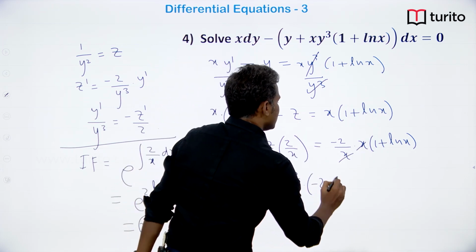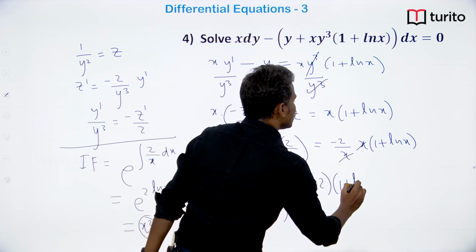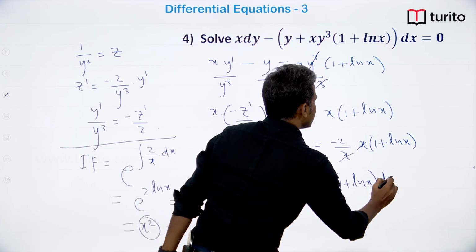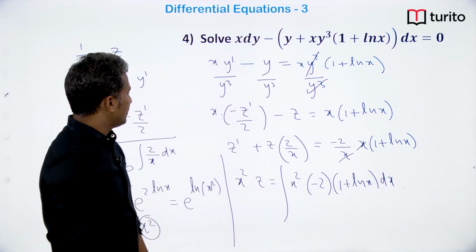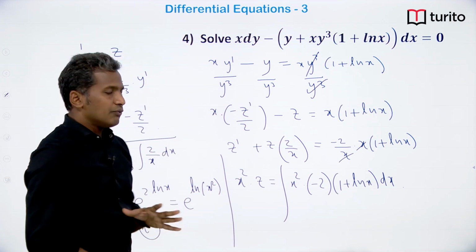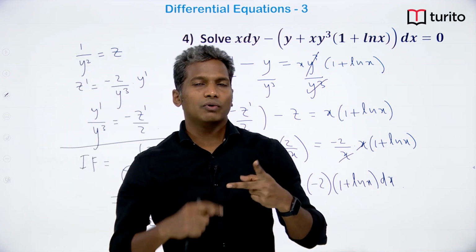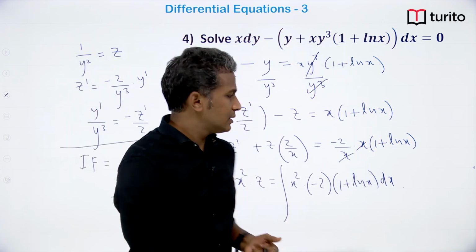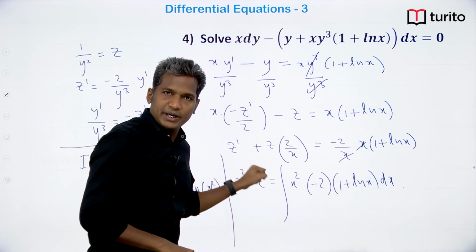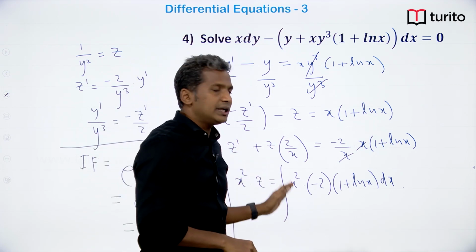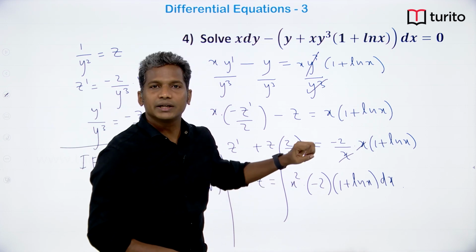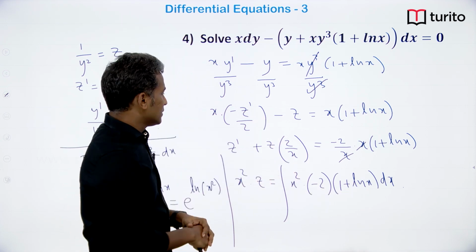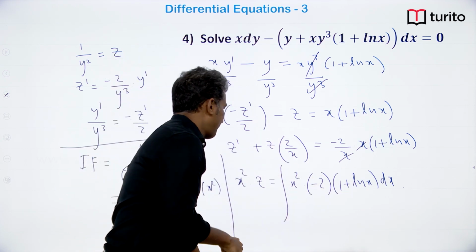So here RHS is minus 2 into 1 plus ln x dx, okay. See, if you remember these steps, we are just following 2 steps. One is integrating factor, next is integrating factor into dependent variable is equal to integral of integrating factor into RHS, okay. So now we will simplify this.